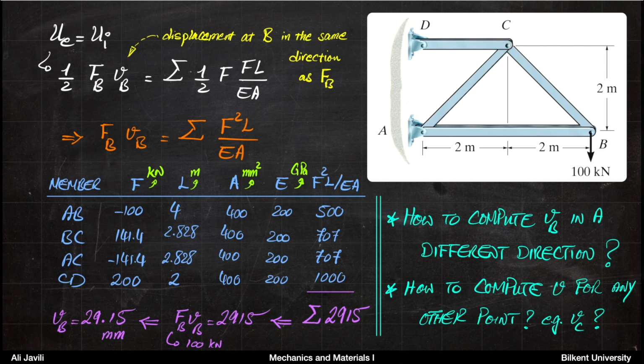So how do we do that if the point and direction that we want is not exactly the point and direction where we applied the force? This is what we want to do next, and that brings us to the so-called method of virtual forces.